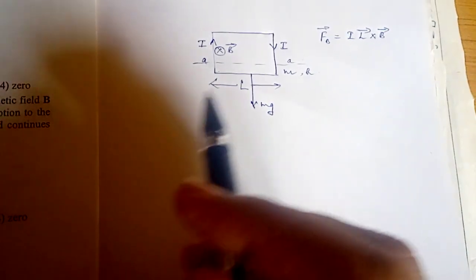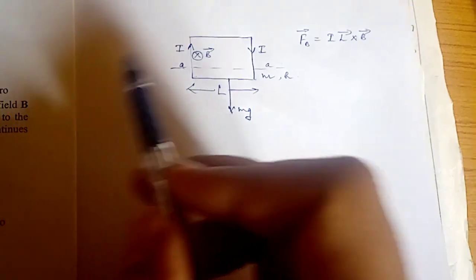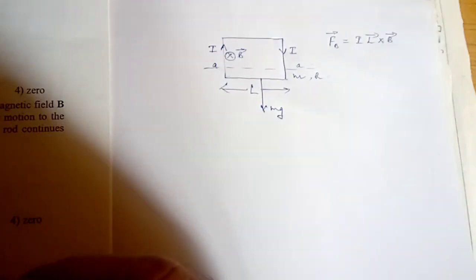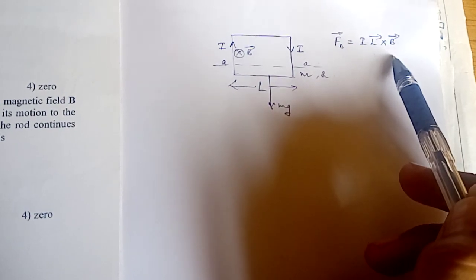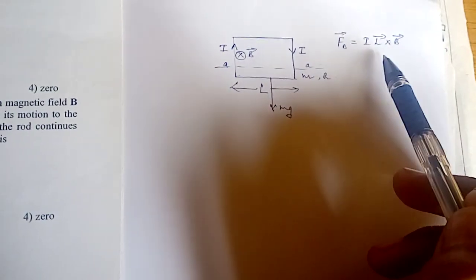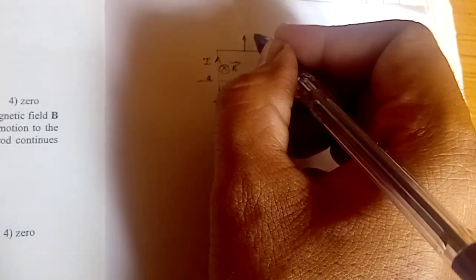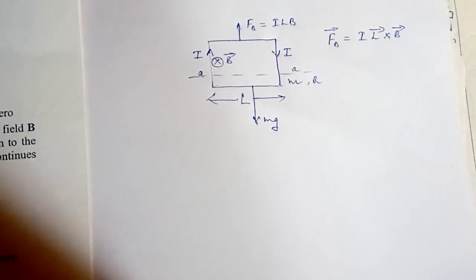You can see this if you look at the upper arm: current is in the i cap direction, magnetic field is in the minus k cap direction. So put i cap cross minus k cap, which gives you j cap. Therefore the magnetic force on this arm is upward, F_B equal to I L B. Correct?